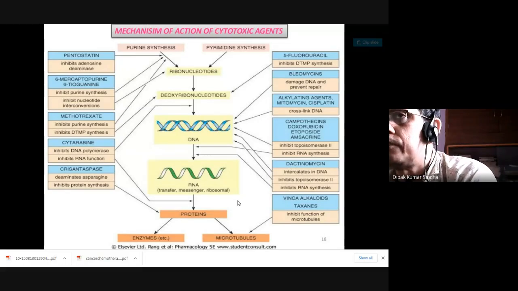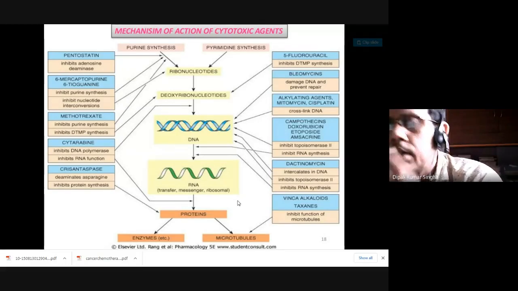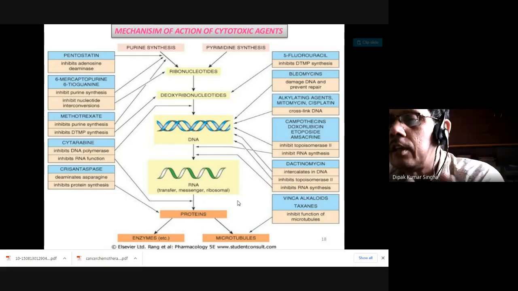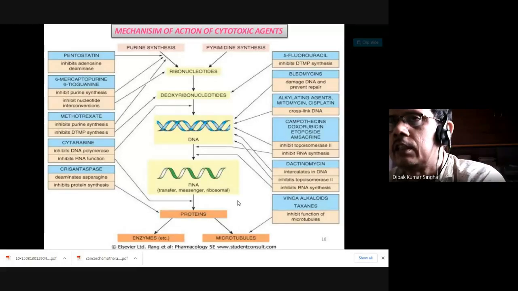So these are the various mechanisms. In your books it is written elaborately, but in the very short, one-word answer, what is the actual mechanism of action of the different anti-cancer drugs which act on this pathway?